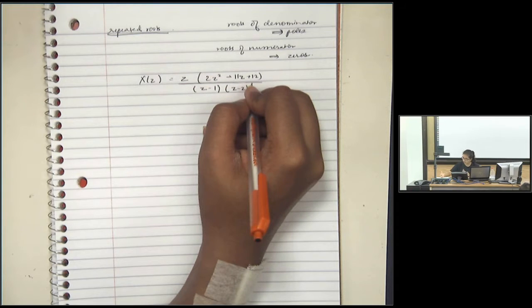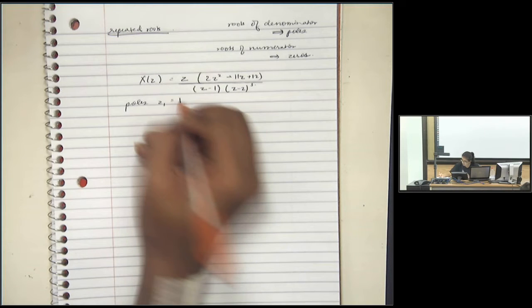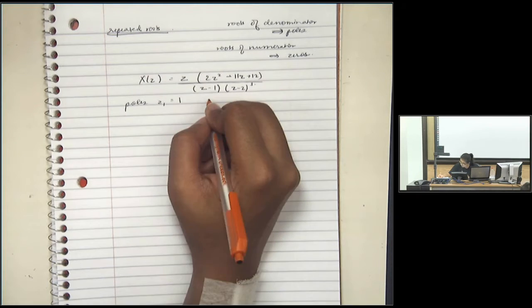Okay, so the poles that we have are, one is at 1 and there are 3 repeated poles at 2.